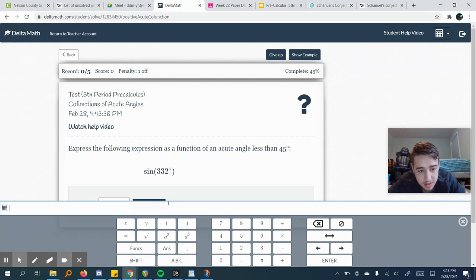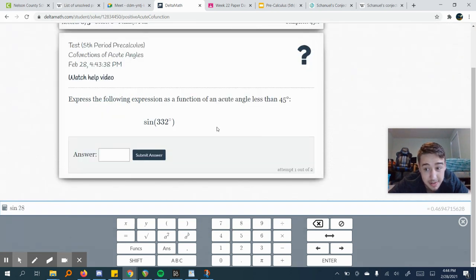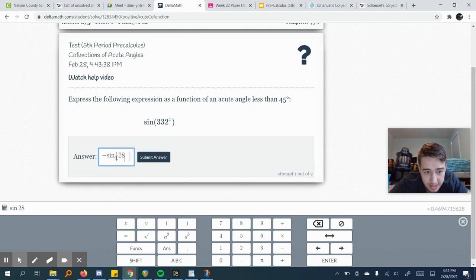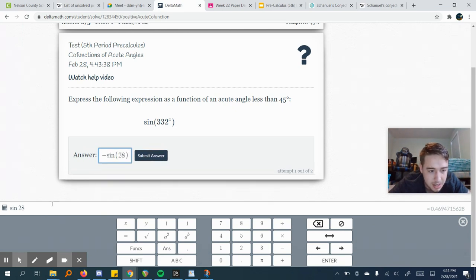Reference angle in fourth quadrant is 360 minus 332. That's 28. So sine of 28, is it going to be positive or negative? Since it came from a place where sine is negative, we're going to just go ahead and say negative sine of 28 is going to give us the same answer because let's just throw it into a calculator.